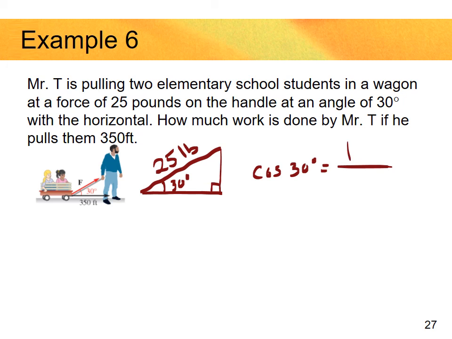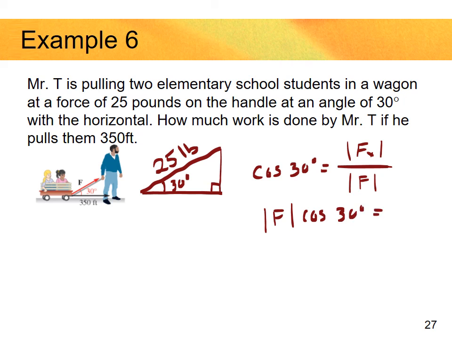So I guess what we need to do is figure out the horizontal component of this. We need to figure out this piece right here. How much is he exerting force horizontally? And so if we do that here, it's going to be cosine. First of all, let me back up a little bit. It's going to be cosine of 30 degrees, adjacent over hypotenuse.